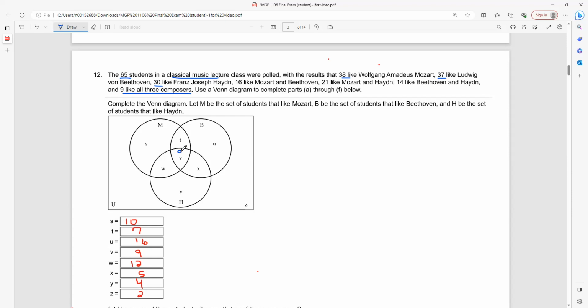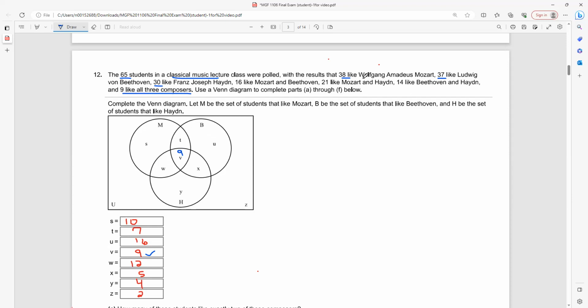Since 9 of those students liked all three, right here, letter V would be represented by 9. And that will be our starting point. From there, we're going to fill in the rest of our circles. I'm going to start with the Mozart, the letter M. If I know 9 of the students shared all three, I'm going to take 9 away from the students that liked Mozart and Beethoven.